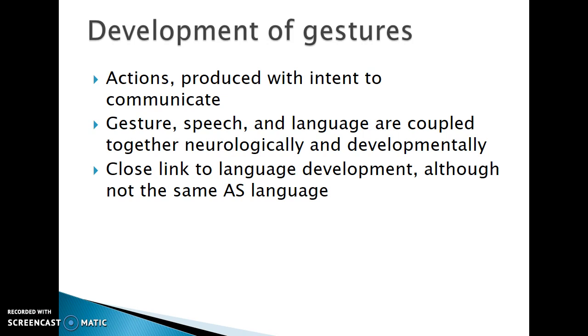What we know is that gesture, speech, and language are coupled together neurologically and developmentally. When we think about where these foundations lie in terms of brain research, we know that they're together. But an important point here is that even though gestures are closely linked to language development, they're not the same thing as language, and they're not the same thing as sign language.